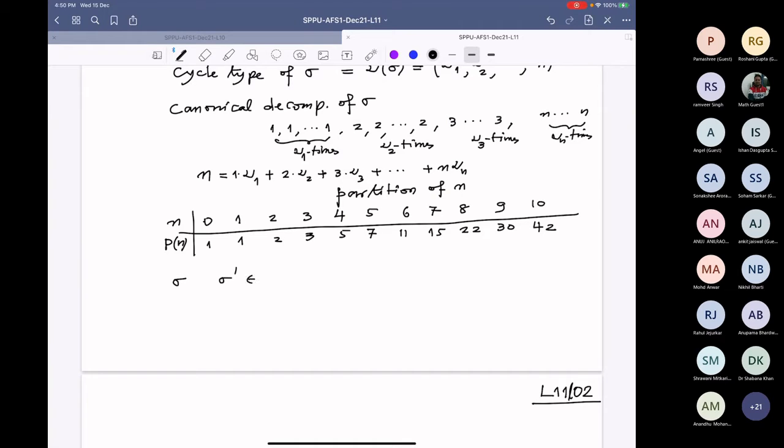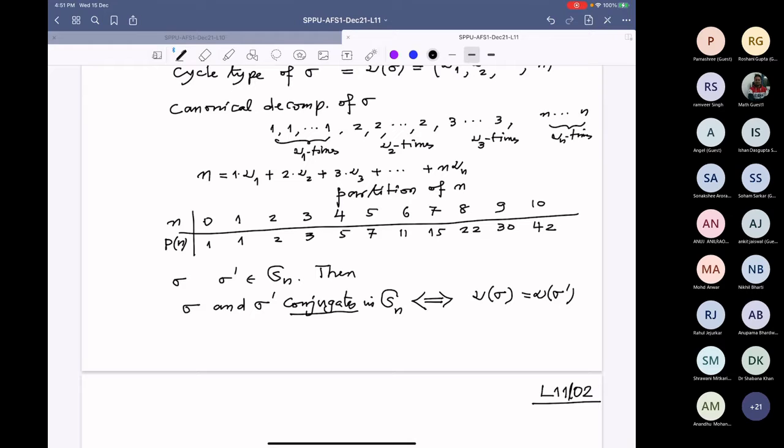All right. And we have seen the last assertion, that if sigma and sigma prime are two permutations, then sigma and sigma prime are conjugates in Sn, that is equivalent to saying they are of the same cycle type. And this means the tuples are equal, right?